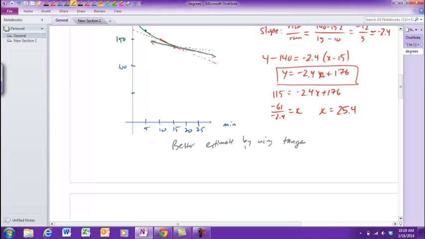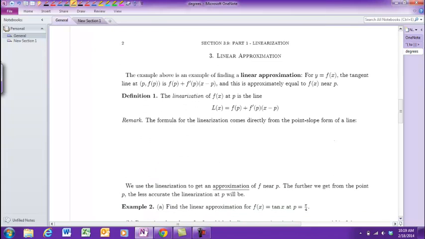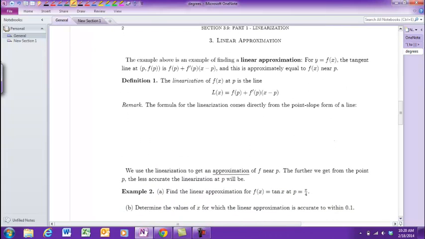And luckily, we know how to find the tangent line by taking derivatives. And the term that we use for this is linear approximation, or finding a linearization of the graph. Those mean the same thing.